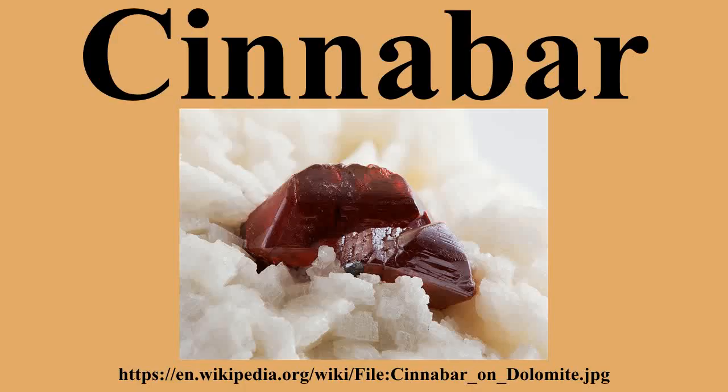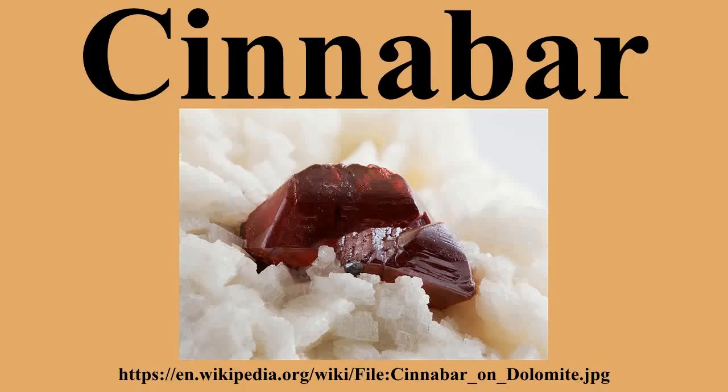Properties and structure. Properties: cinnabar is generally found in a massive, granular or earthy form and is bright scarlet to brick red in color, though it occasionally occurs in crystals with a non-metallic adamantine luster. It resembles quartz in its symmetry, it exhibits birefringence, and it has the highest refractive index of any mineral.